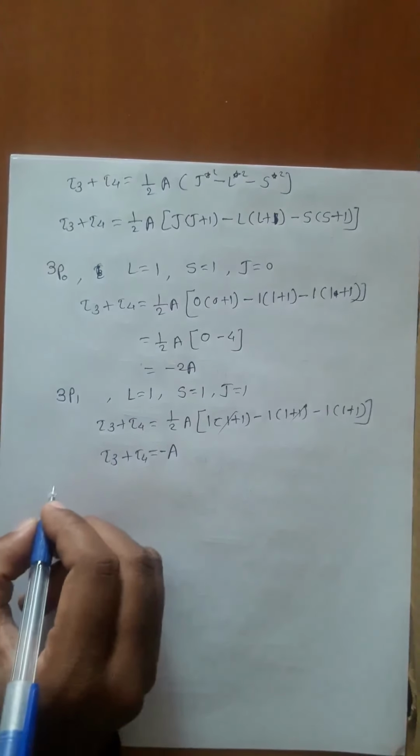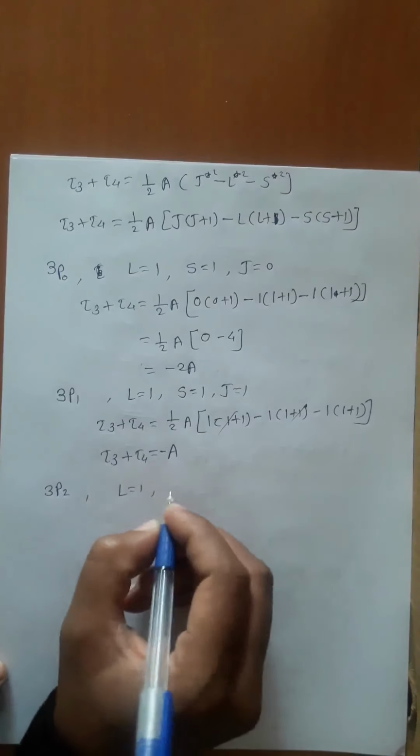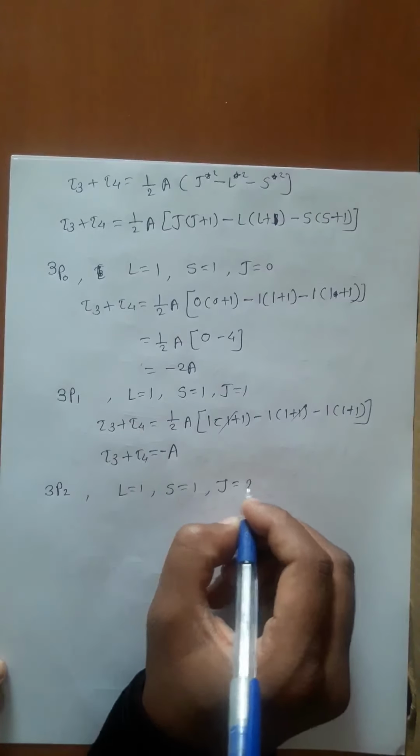And for the 3P2 state, l is equal to 1, s is equal to 1 and j is equal to 2.